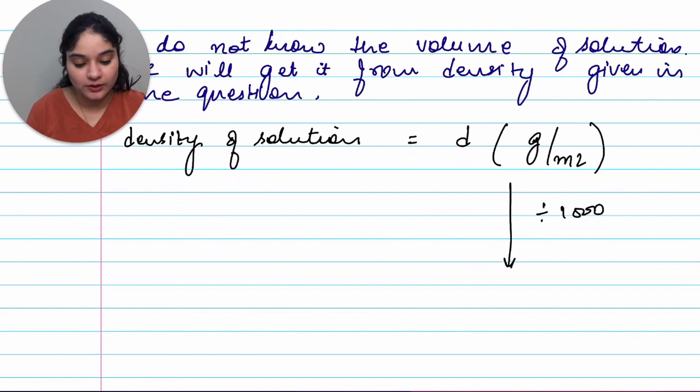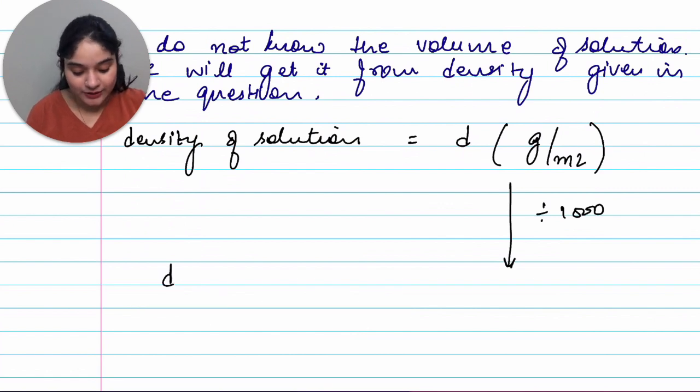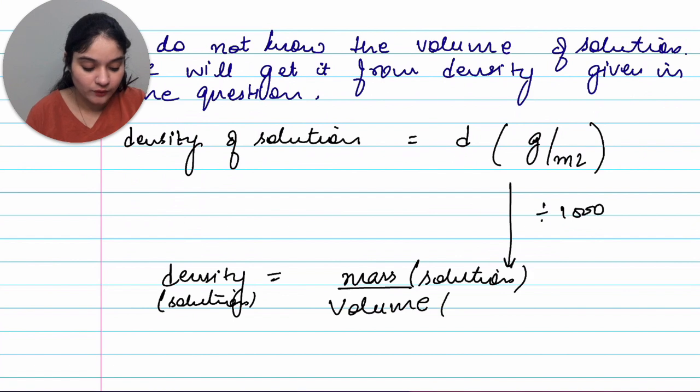So first of all, let's start from the beginning. So the first thing is that you have the density given, D, and that is your 100 grams, because that is what the mass was, right? Let me write that for you in detail. So density is what? Density is mass upon volume, and since this density is of solution, so mass of solution over volume of solution.